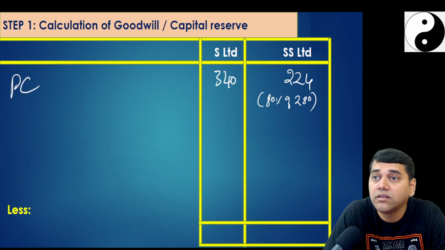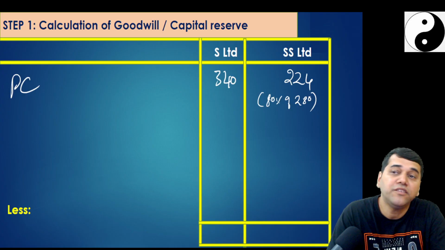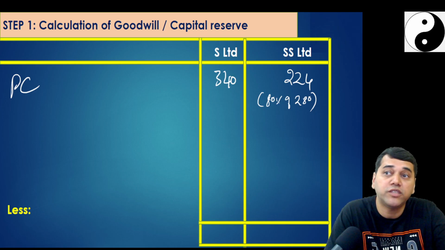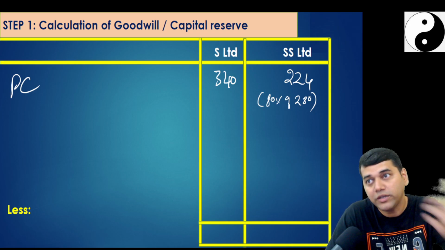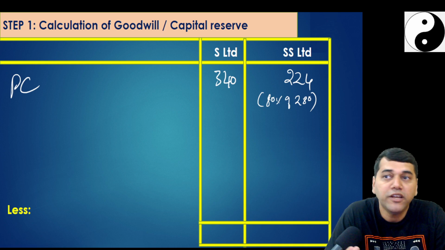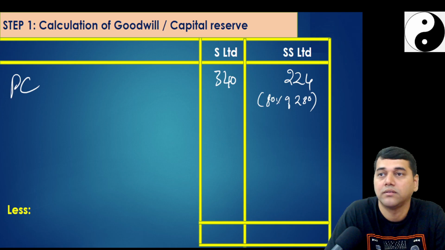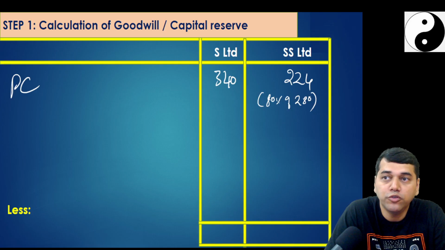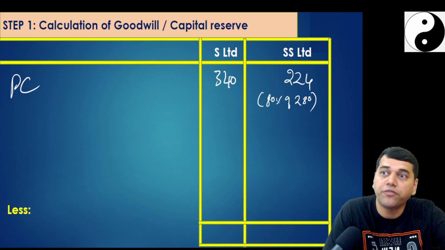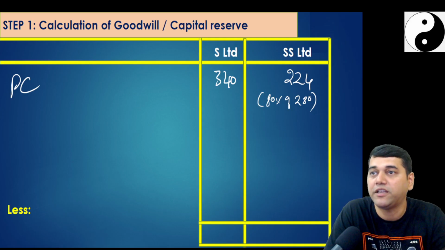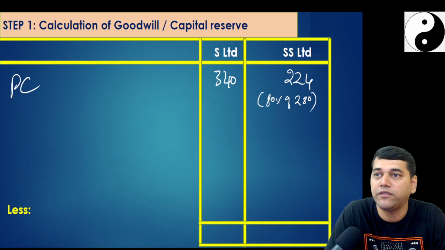60 is the effective interest. When you take the post-acquisition share of profits, you take that 60%. But when it comes to purchase consideration, how much did you pay? See, post-acquisition profit, we calculate that with the first step, effective interest. But this is not your effective interest.